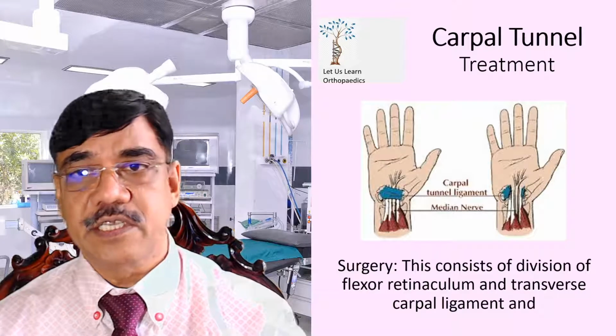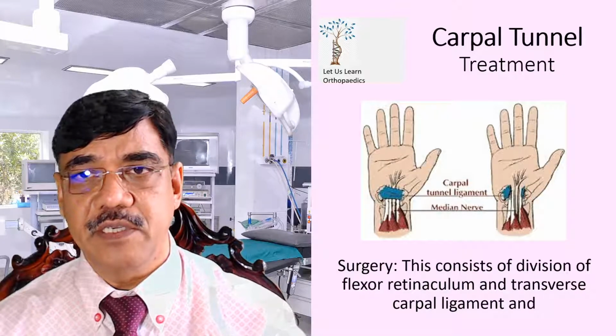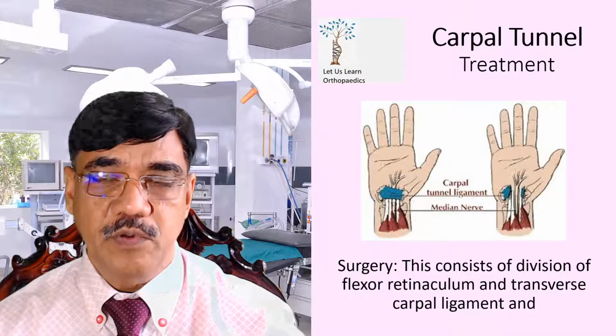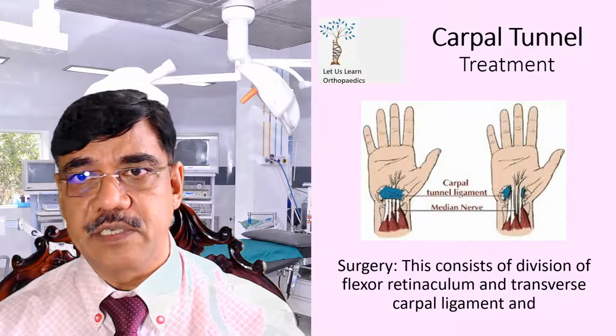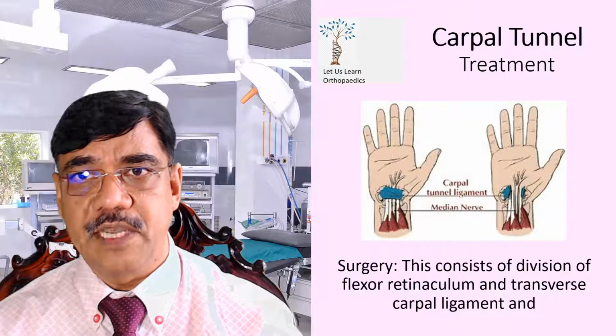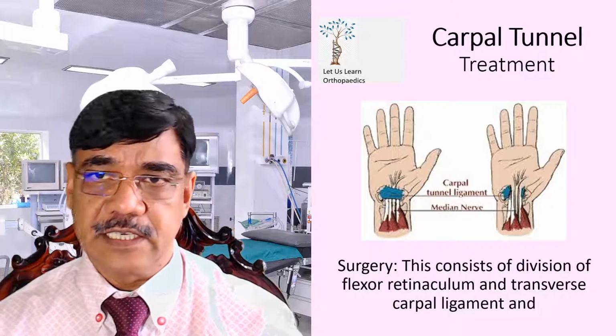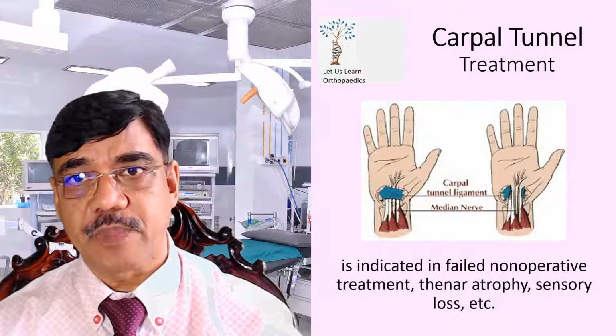Now surgery consists of division of the flexor retinaculum. Now you see in the first picture there is a blue colored transverse fibrous roof, and in the second one that carpal ligament has been dissected out so as to decompress the carpal tunnel.